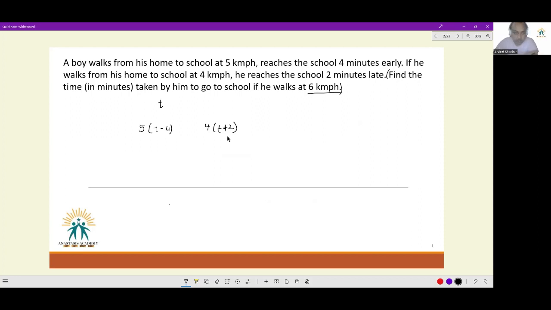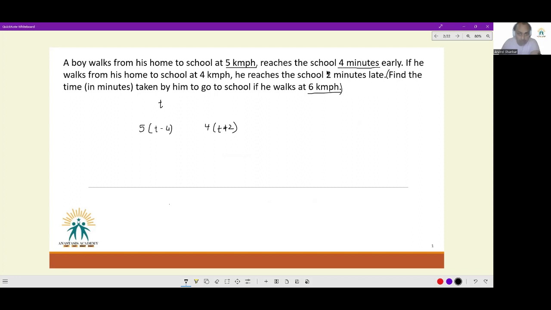If you have framed equations or expressions like this, this is where the trap of units also comes into play. Look at what we have done erroneously. The speed was given in km/h, but the time was given in minutes. You cannot have km/h and minutes interacting with each other.